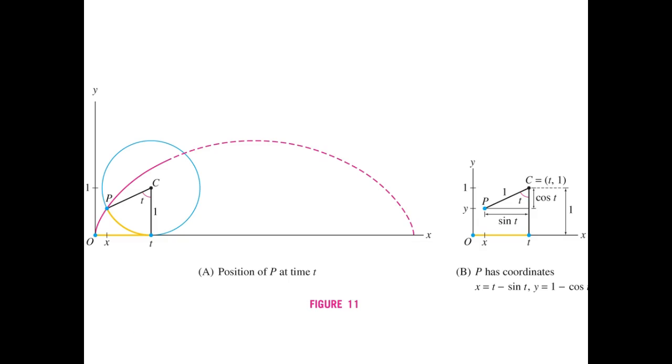Now, as that is moved here, what is this distance related to that t? Remember, this is 1 here. What's that distance there? That's opposite of that angle t. So yeah, that would be sine t. Okay? Now, the center moved t that way, but this is minus sine t. So the distance along the x would be t minus sine t. Okay? And sure enough, that's what we got here, t minus sine t.